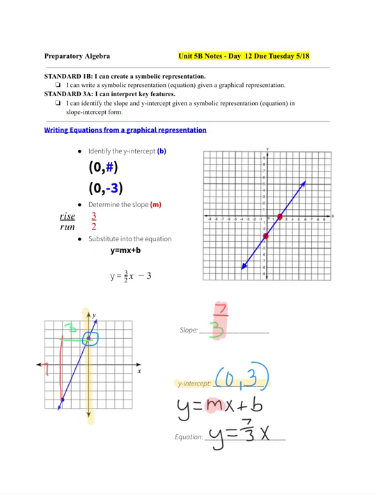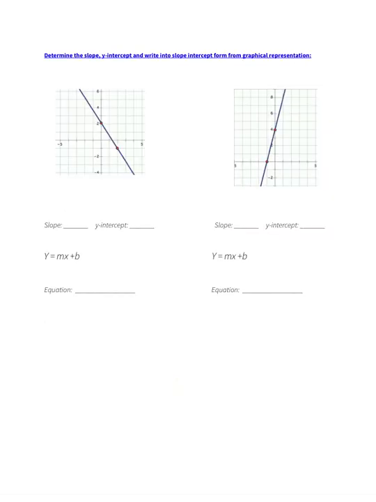And where did I get that 7/3 from? That's right here. That's my slope. Plus b. Well, b is my y-intercept. What is my y-intercept? (0, 3). So that would be plus 3. My b is my intercept. So the equation for this line is y equals 7/3 x plus 3.